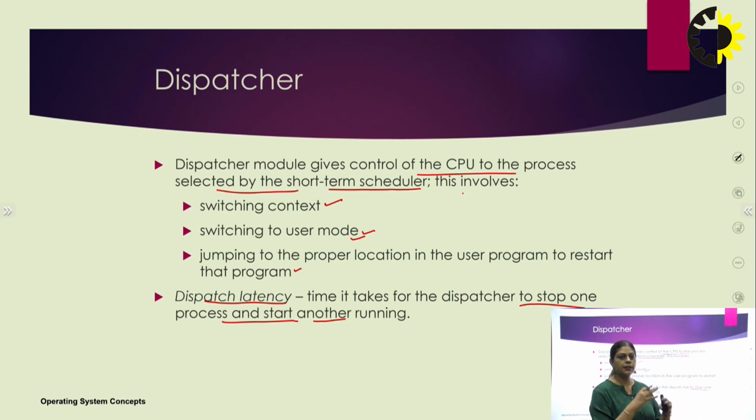When one is stopping and the other is starting, the state of that program, for the one program you have to stop and the other program you have to start. So this is the job of the dispatcher.